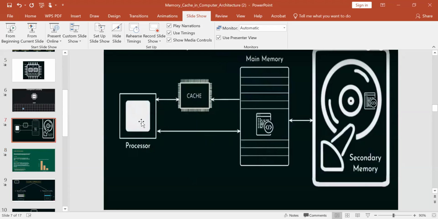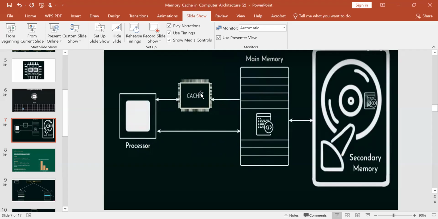When the processor makes a request from the main memory, the first thing the processor does is search for the data it is requesting from the cache. If it finds that data, we say we have a cache hit.